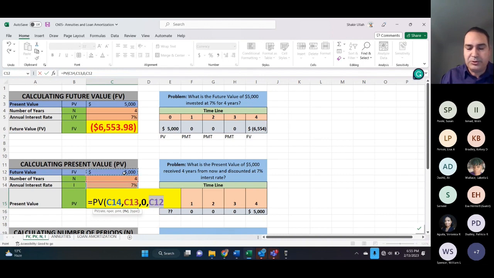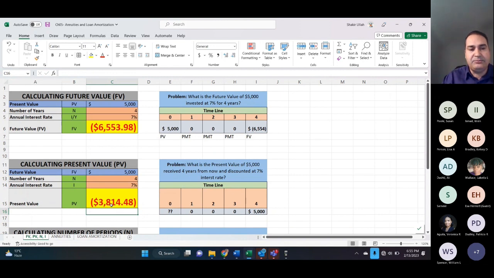This 5,000 is what we will receive in the future. In comma, the type is again 0 because the payments are taking place at the end of the period. But just remember, if the problem tells you that the payments are taking place at the beginning of the period, then you will make it as a type 1 right here. But in this case, it is at the end of the period, so we put that as 0, and I got the answer.